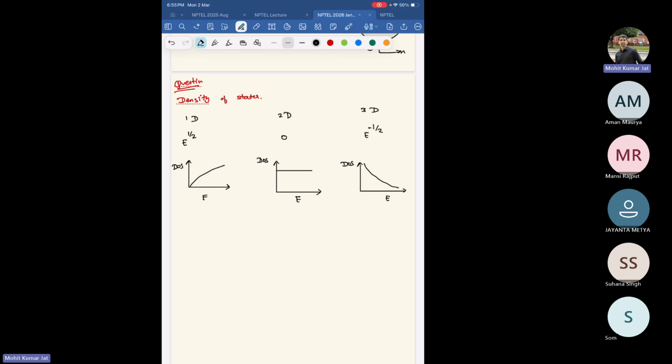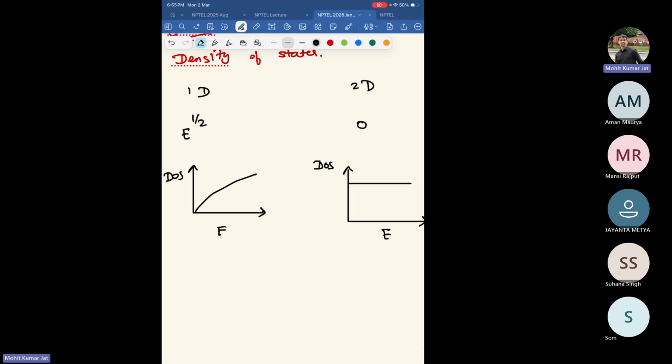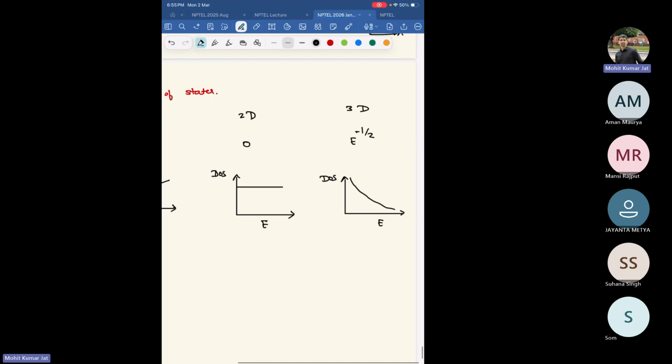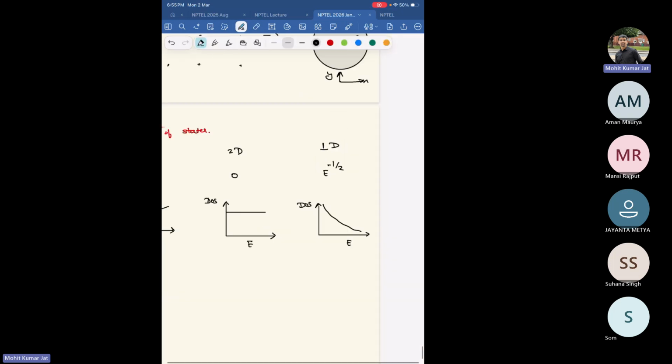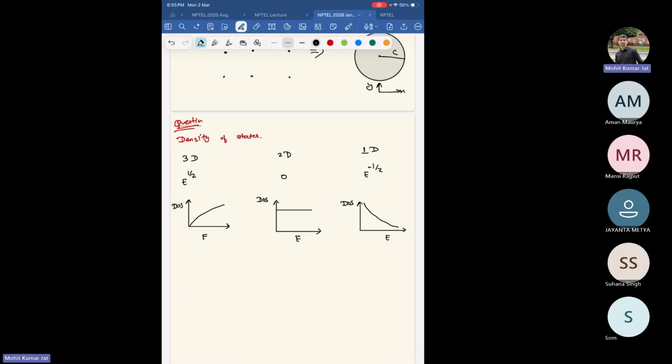I think here I misinterpreted this one. This should be 3D: 3D goes as e to the power half, and 1D goes as e to the power minus half. In 1D, the density of states is very high at low energies, and in 3D, it's just the opposite.